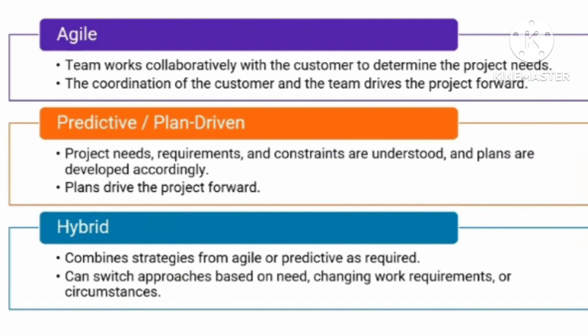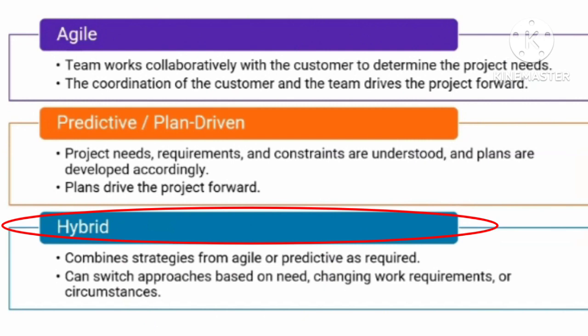Now we are going to see the hybrid. What is hybrid methodology? When we deliver at the end, it is just predictive. That means the predictive or plan-driven methodology, as per the schedule, if we maintain it, and if not delivered on time, then we add iteration by feature.